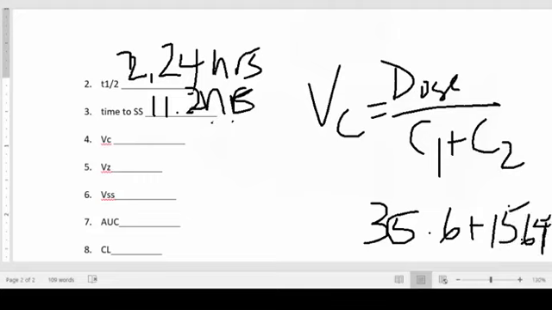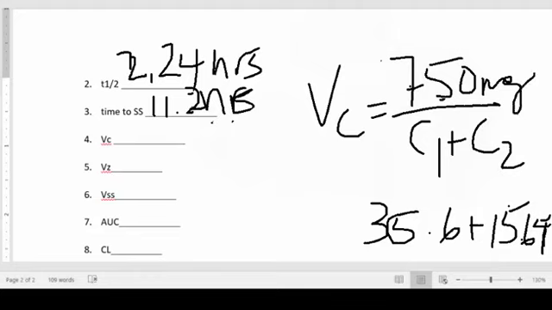So we add those, and I think our dose was 750 milligrams. So 35.6 plus 15.64.